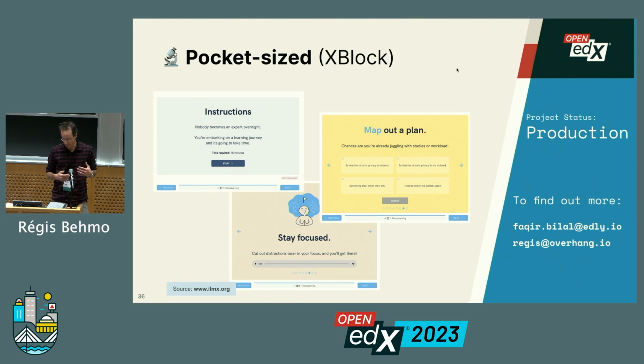And this makes basically the course much more engaging and dynamic with a very low barrier to entry. It was developed in collaboration with ILMX, and it's currently in production at Edly. So if you're interested in it, please come and talk to us, and we can work on open sourcing it.